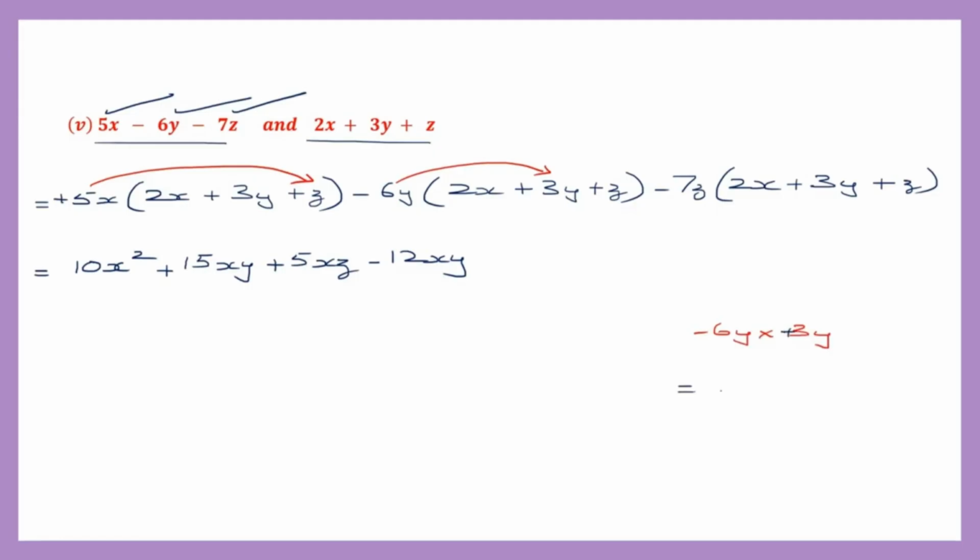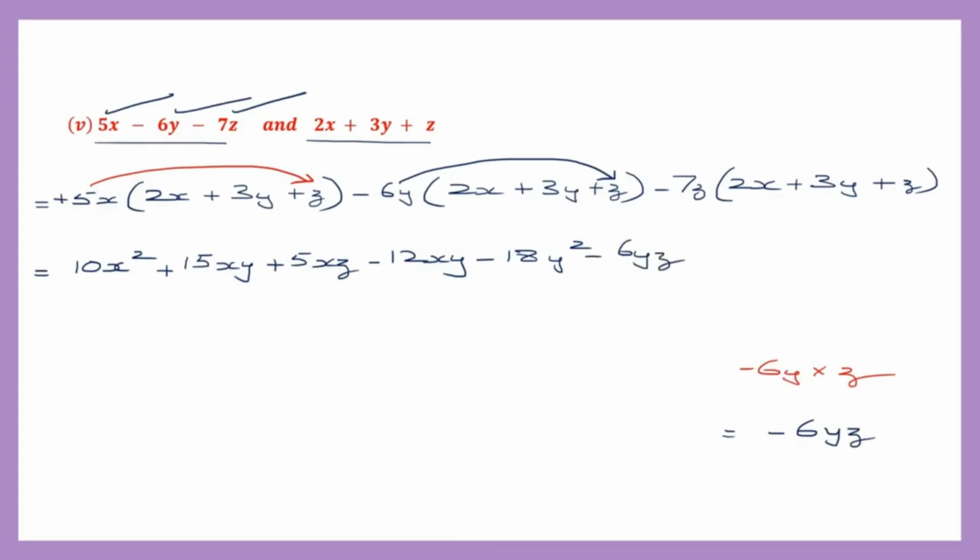So minus into plus is minus. Numbers 6 3's are 18. Y into y is y square. So we have minus 18y square. Now we do minus 6y into z. The sign is minus, number is 6, yz is yz itself. So that is minus 6yz.